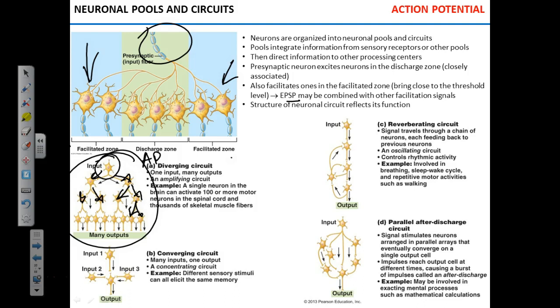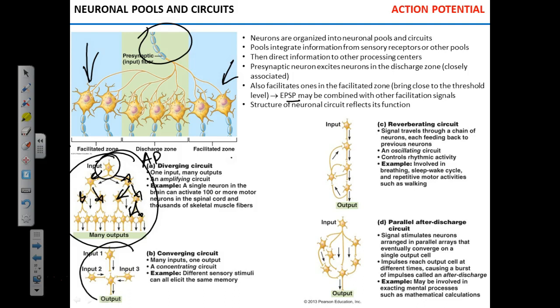Usually diverging circuits are responsible for transmitting motor signals, like skeletal muscle. Does that make sense? So you can have one upper motor neuron, which will discharge to multiple lower motor neurons, which will stimulate hundreds of thousands of muscle fibers. Does that make sense?